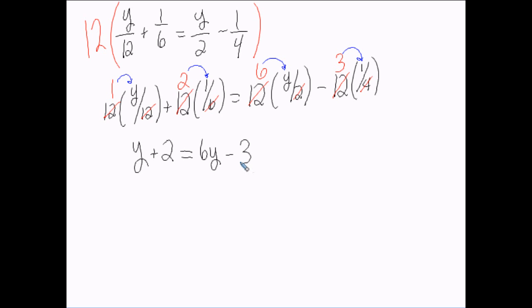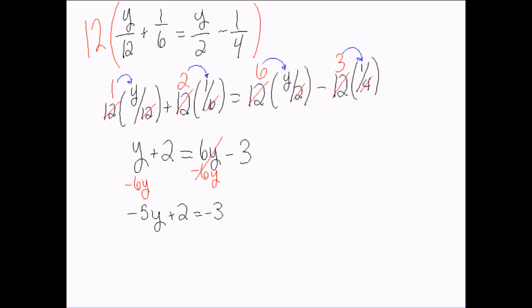This equation has the same value as the equation with the fractions in it. And we'll get the same answer for y. It's just that you now no longer have to deal with the fractions. So I'm going to subtract 6y from both sides. 1 minus 6 is negative 5, sorry.